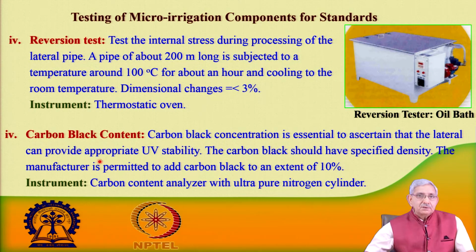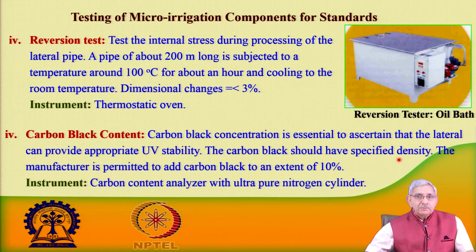Carbon black content is another important thing, particularly for finding out the appropriate stability of the ultraviolet stabilization. Carbon black concentration is essential to ascertain that the lateral, that is the lateral pipeline, can provide appropriate UV stability. Carbon black is added in the pipeline in a specific amount.